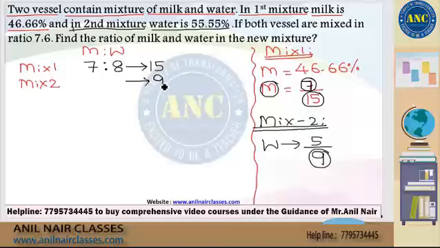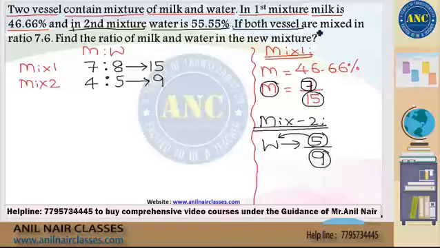Out of that, water is 5 liters. If water is 5 liters and total is 9 liters, milk should be the remaining 4 liters. So we understood how to find the ratio of milk and water in both the mixtures. Now read the next statement.